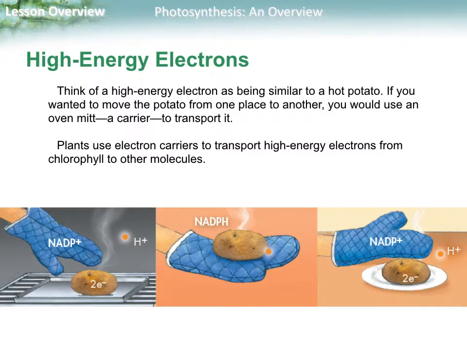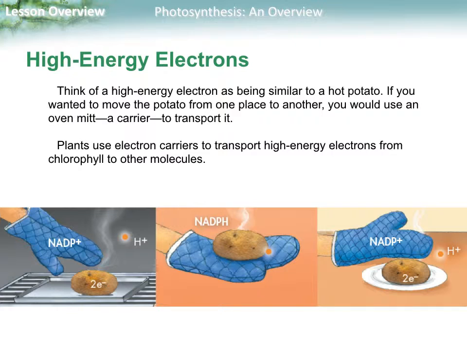Okay, so think about high energy electrons this way. Think about it being like a hot potato. If you wanted to move a potato from one place to another, you would use an oven mitt to carry it, right? You wouldn't pick up the hot potato with just your hand. So think of the oven mitt as the NADPH, the electron carrier.